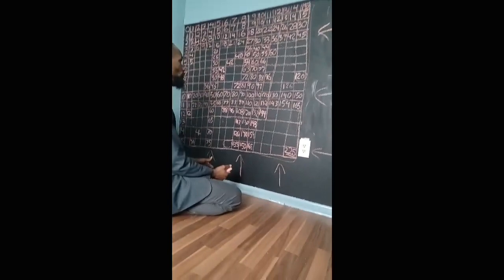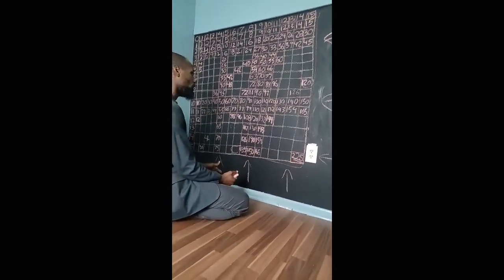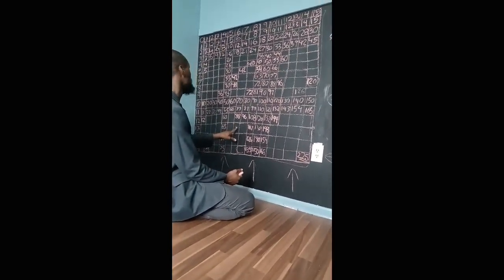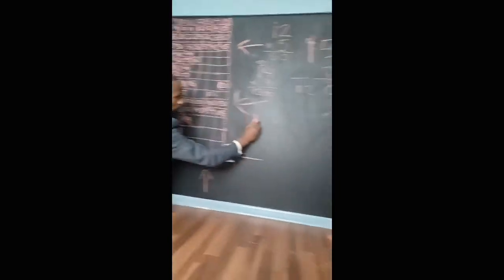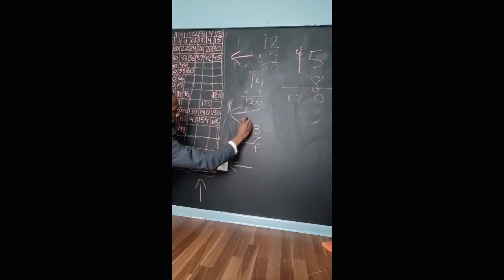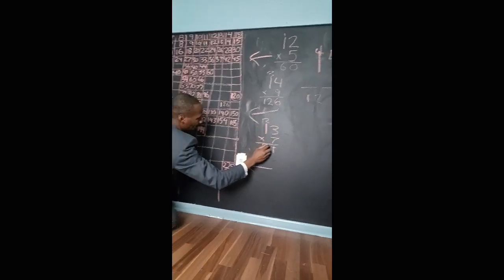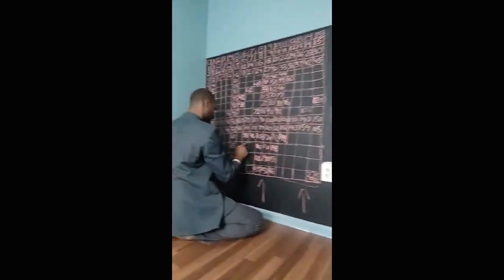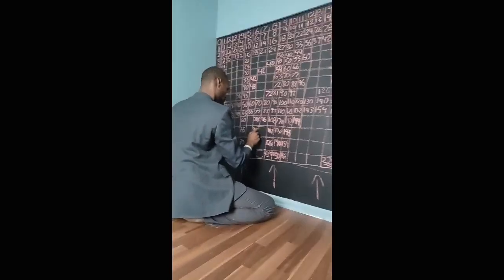We need to do some multiplication. We need to figure out what 7 times 13 is. 13, 7. 97. 97 goes here.